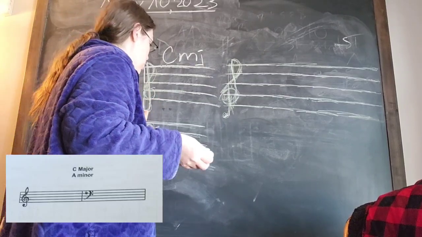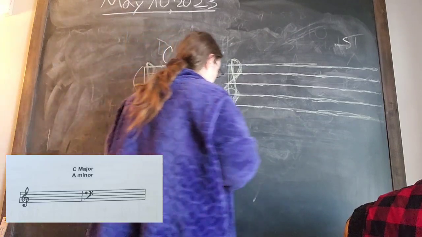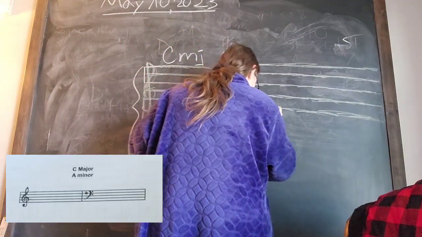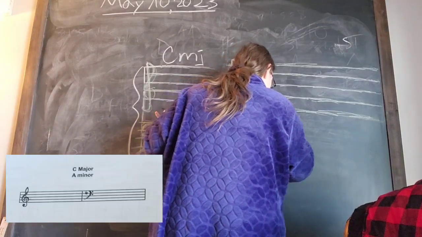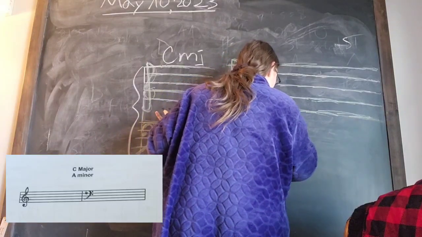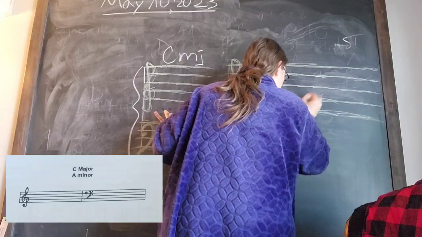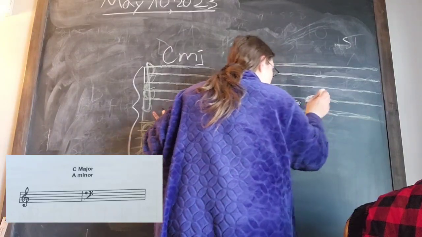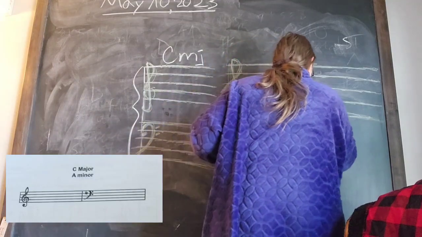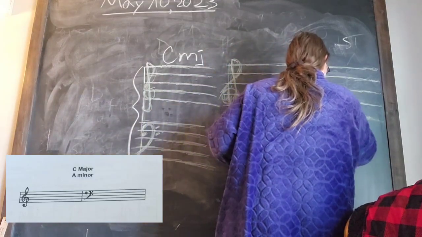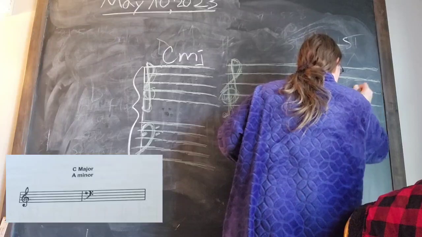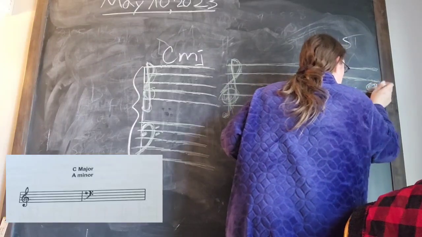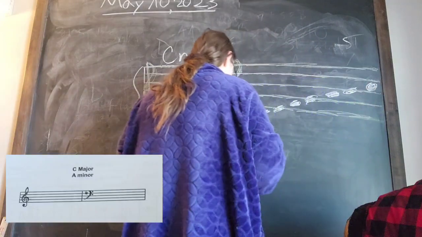So if we drew a C major scale, it would essentially look like this. Oops, I almost skipped sol. And lastly, your top note up there is do.